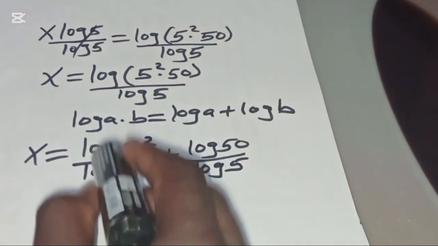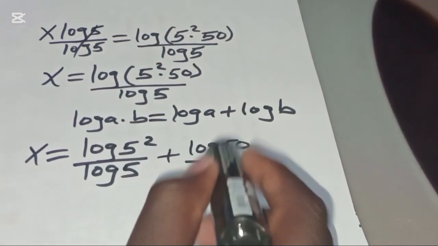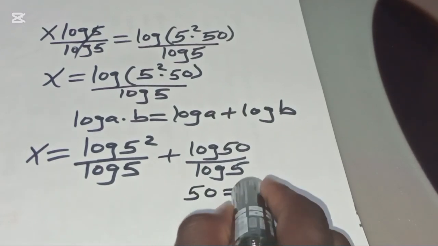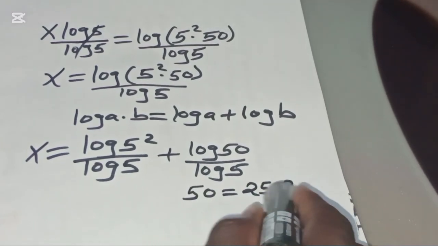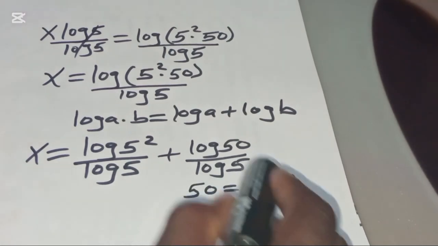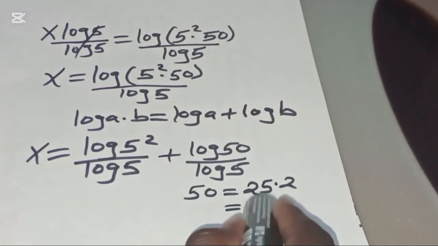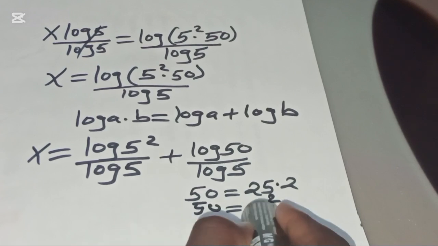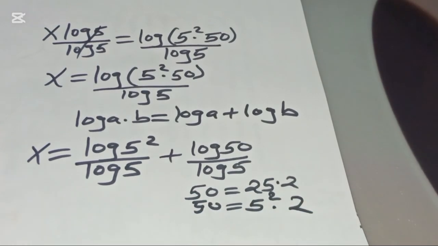Now from what we have here, we can express 50 as 25 multiplied by 2, of which we can express 25 again as 5 to power 2. So that means 50 is the same thing as 5 to power 2 multiplied by 2.